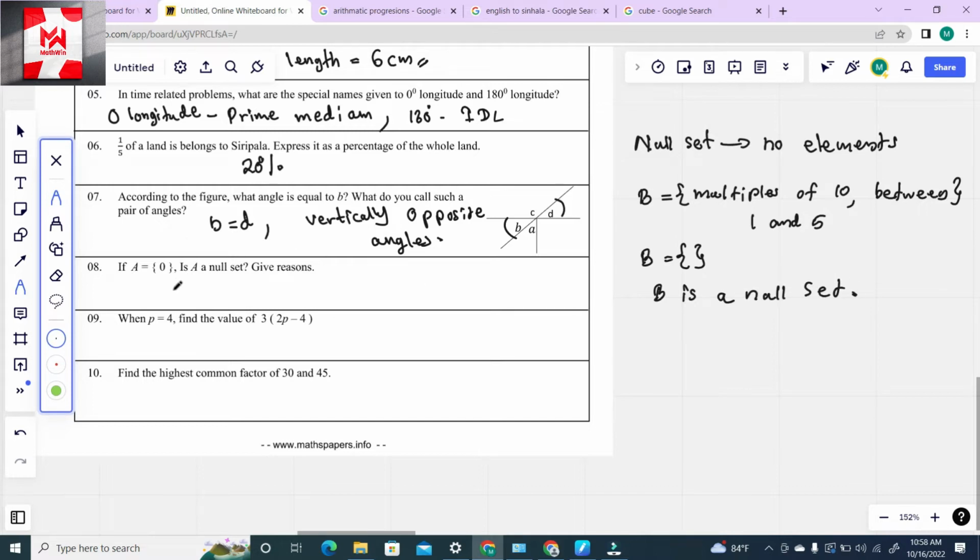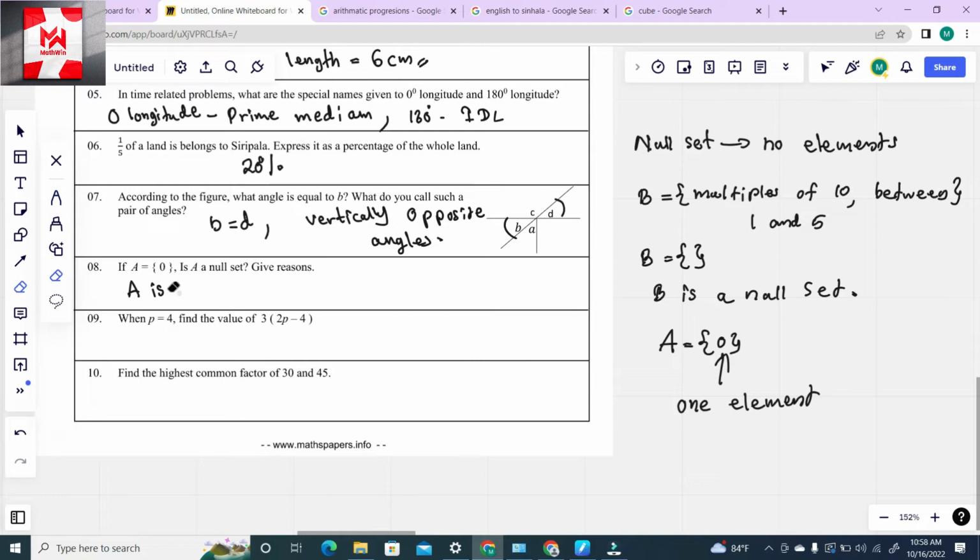But here A has one element. Therefore A is not a null set. So you can write A is not a null set.